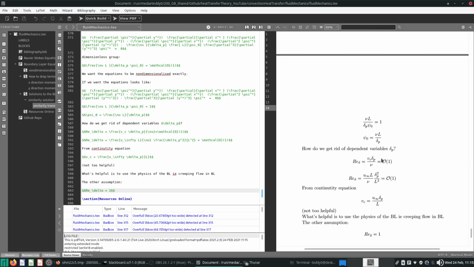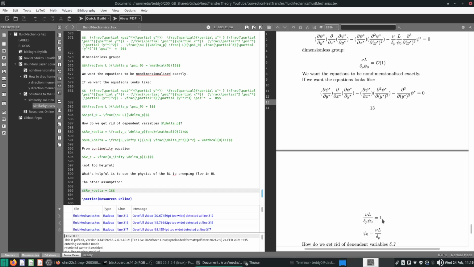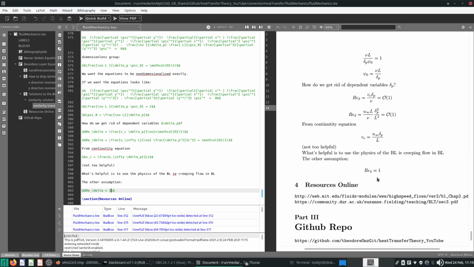Yeah, I know it looks a bit arbitrary why I'm doing this, but you will see. When I substitute all of this into the equation above, it will start to make a little bit more sense. But let's just try first to get rid of this delta P.